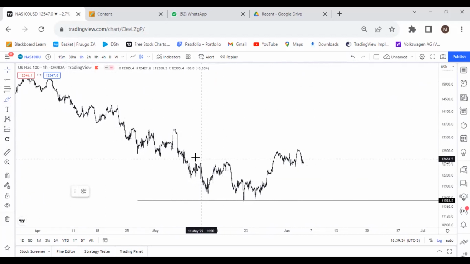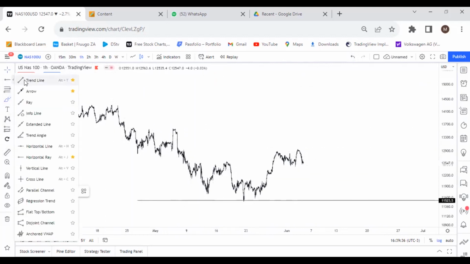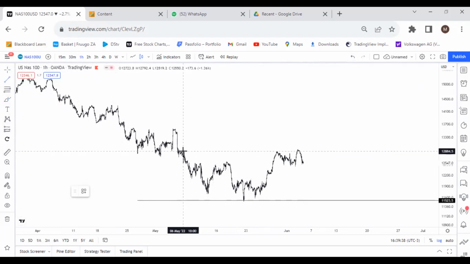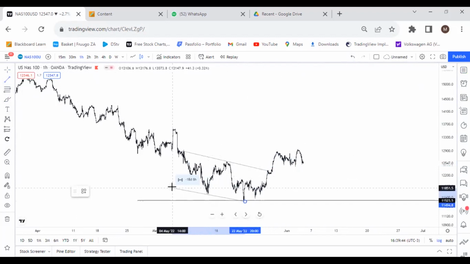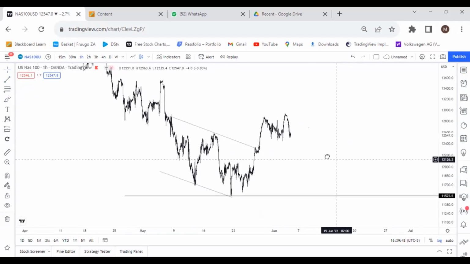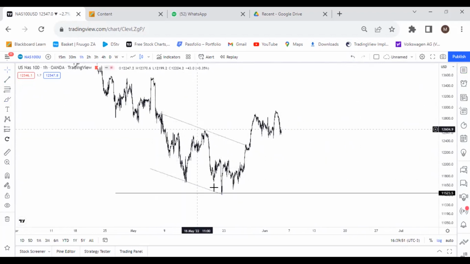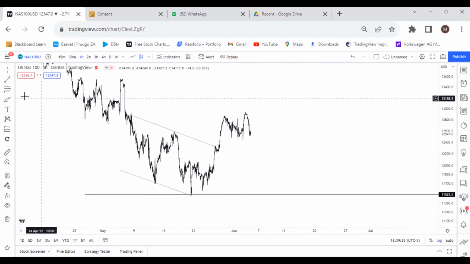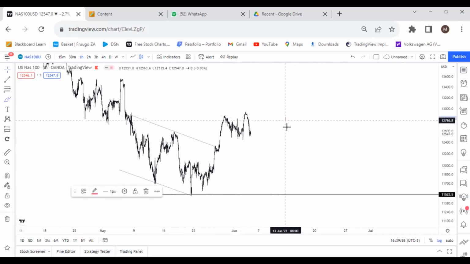Right here we had this formation. This is the correction, and so the price did this.